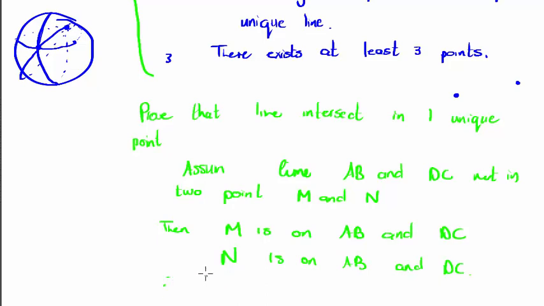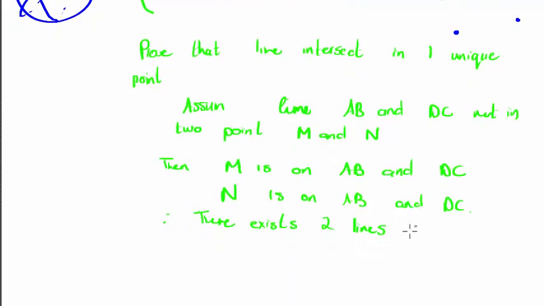Therefore, there exist 2 lines through 2 points.